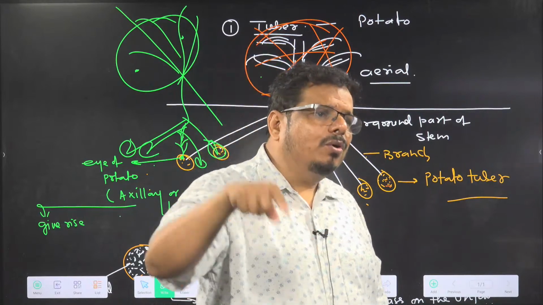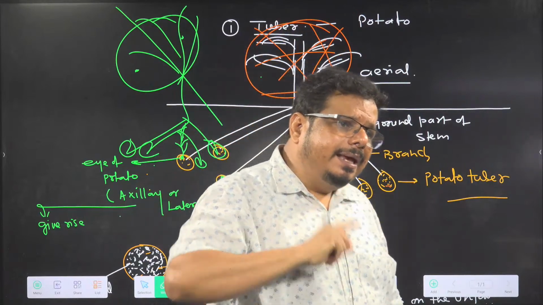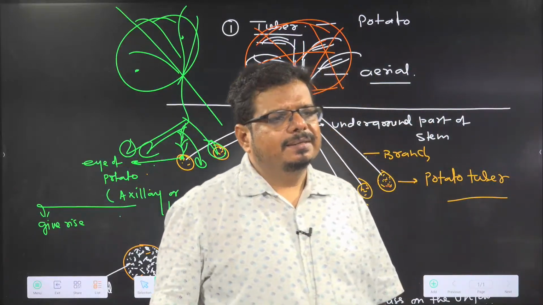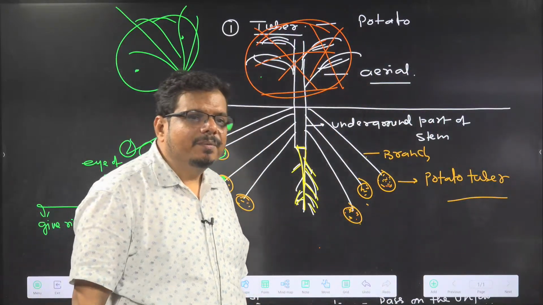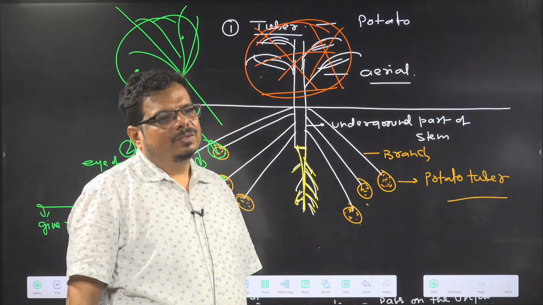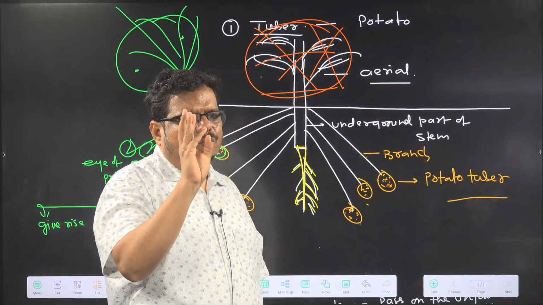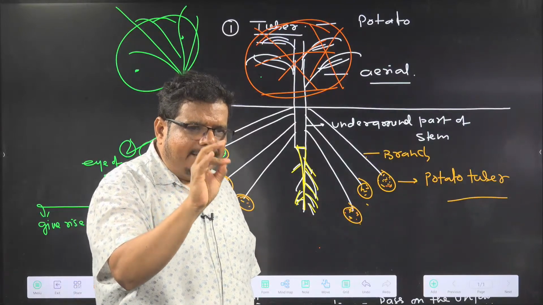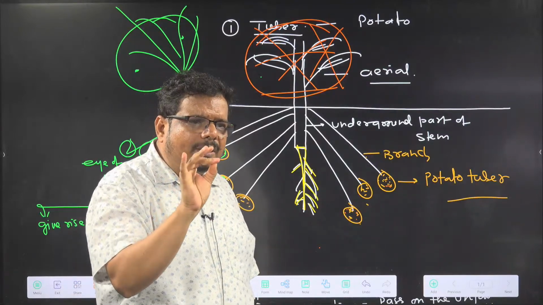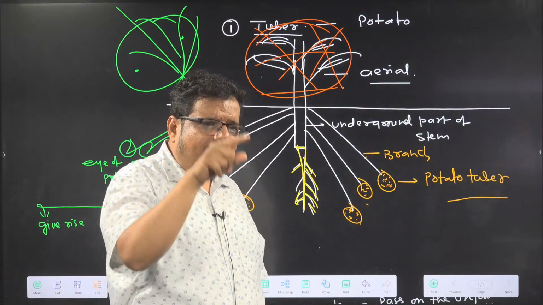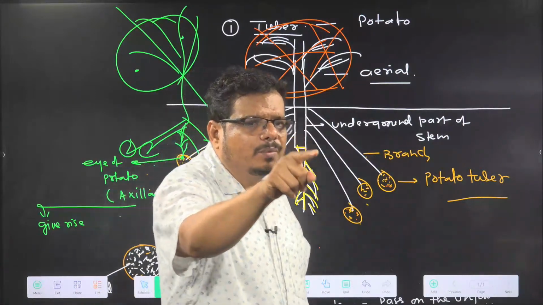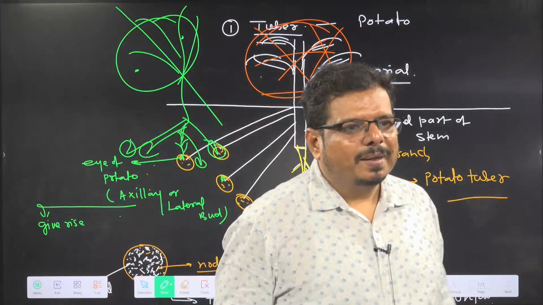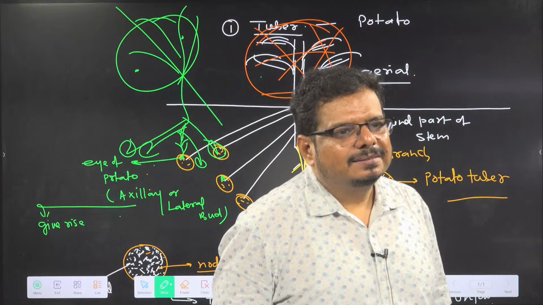And the potato stem gives rise to a new plant, so it is also used for which purpose? Vegetative propagation. So potato tuber stores food, helps in perennation, and can perform vegetative propagation. These all three things are possible through which one? Potato tuber. Got the idea?